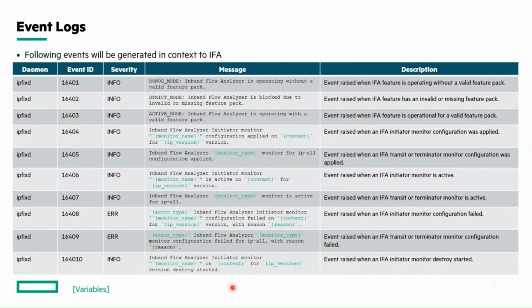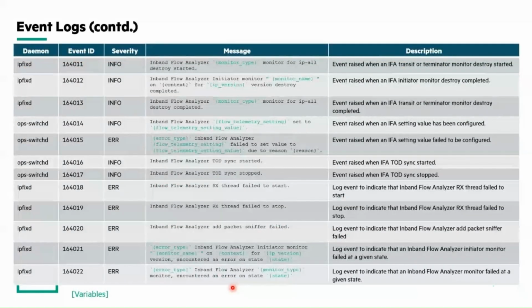The following event logs will be generated in context to IFA. There is a long list, and this will include your feature pack specific issues or your monitor specific issues, or in case your IFA initiator or IFA monitor faces any type of error in the middle. Now the green part is the variable because there might be different situations in which these errors are generated.